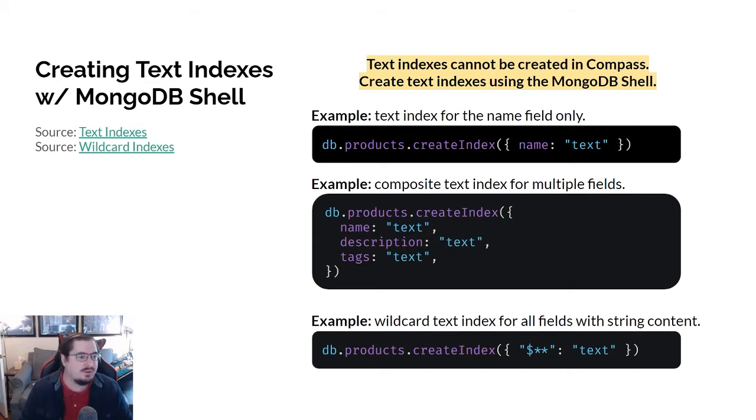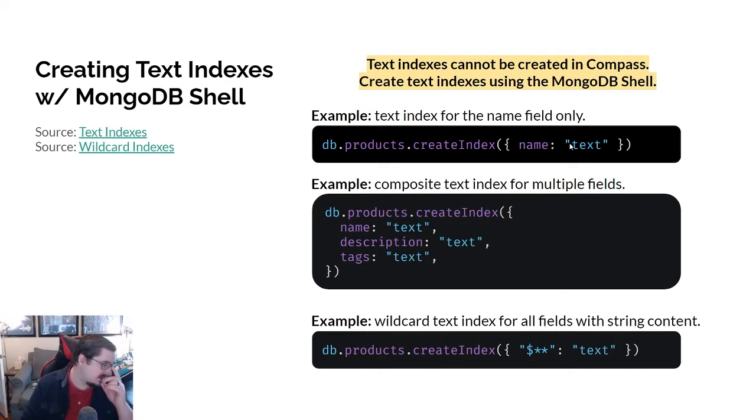Creating text indexes, you're going to need to do that through the shell. They cannot be created through Compass. So the basic syntax for creating a text index is as follows. Let's say I want to index just the name of the products. I'd say db.products.createIndex, and here I'm going to say name: text.